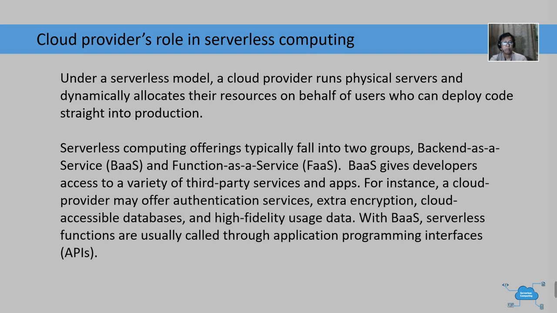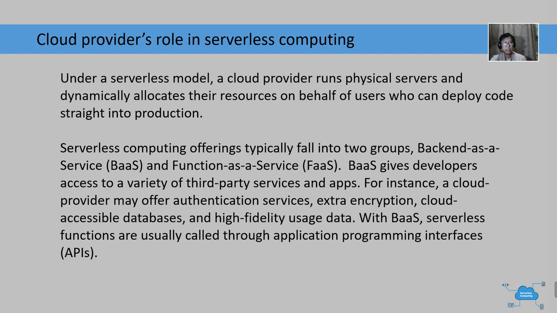Serverless computing offerings typically fall into two groups: backend as a service, or BaaS, and function as a service, or FaaS. BaaS, or backend as a service, gives developers access to a variety of third-party services and apps. For instance, a cloud provider may offer authentication services, extra encryption, cloud accessible databases, and high fidelity usage data.